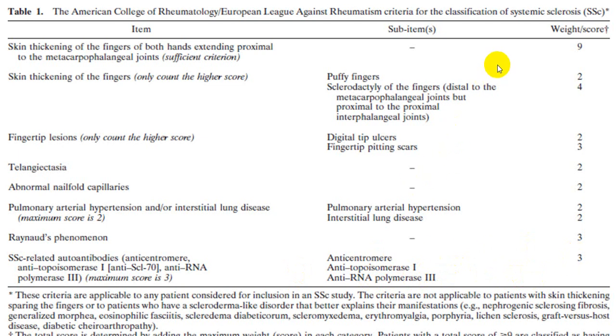So these are the different points given by the American College of Rheumatology. And adding all the scores, depending upon the total score, you give a probable or definite variety. If the score is more than 25, it is straightforward in favor of definite systemic sclerosis.